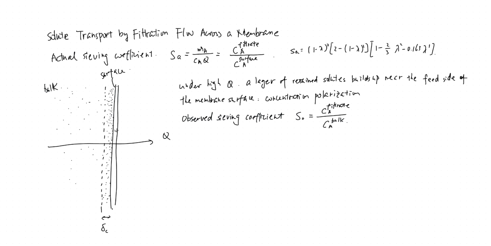So if you know the observed sieving coefficient, then you don't need to measure what happens on the surface. You just need to know what happens in the bulk, and then you can do some calculation to figure out the filtration rate, the CA concentration in the filtrate, the mass transport rate, etc. So we want to know the relation.